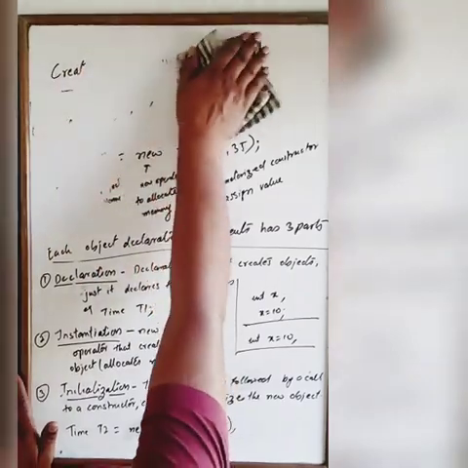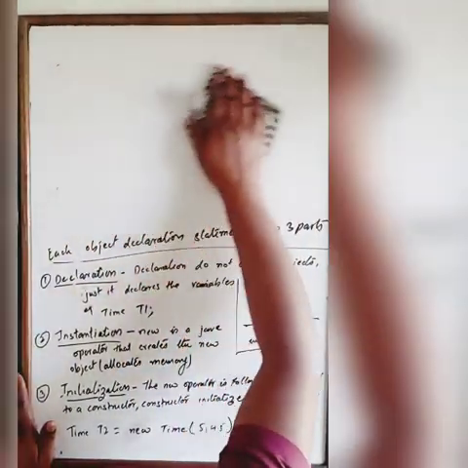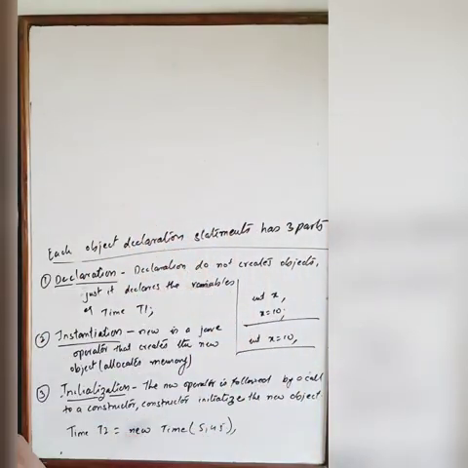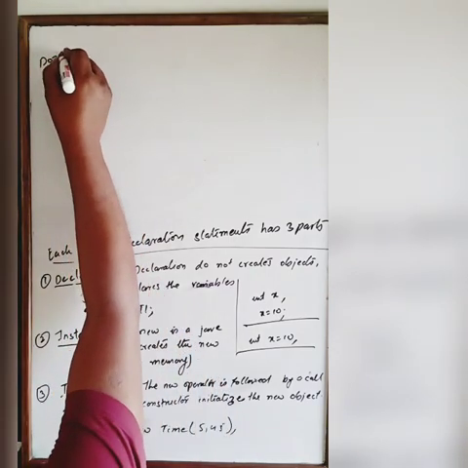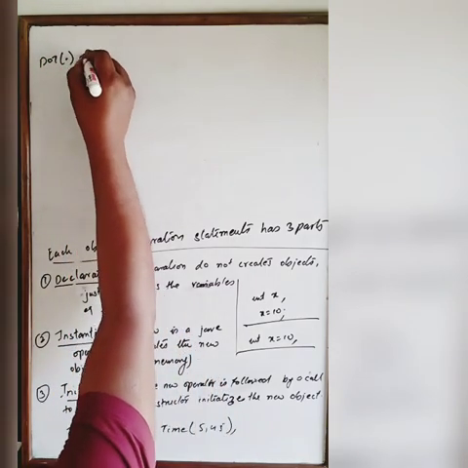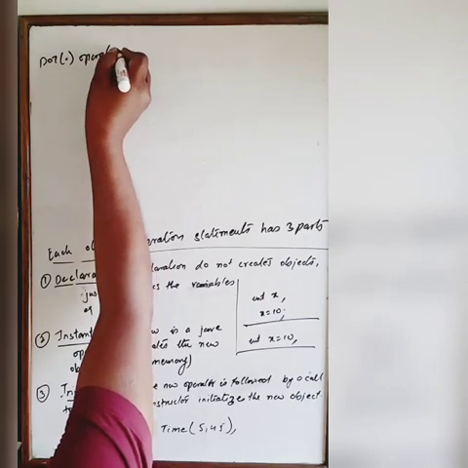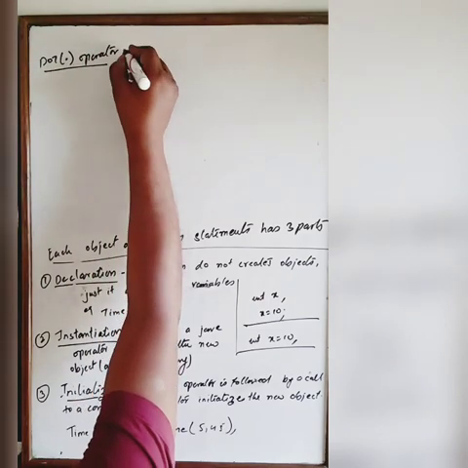Now before using an object we'll see the dot operator. Dot, that is this operator. Now how is this?